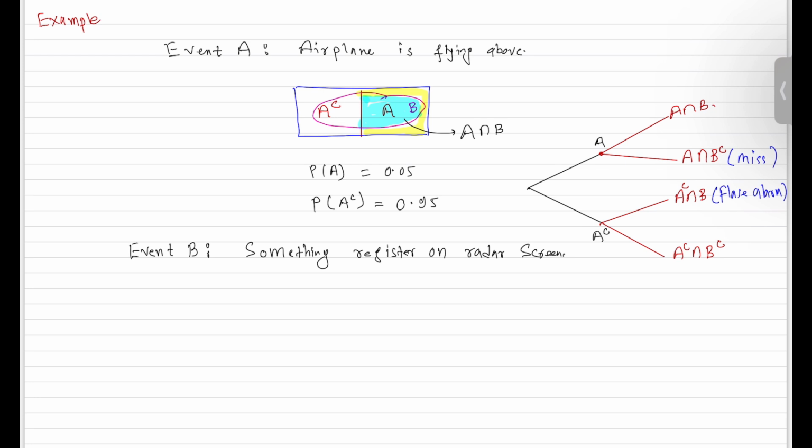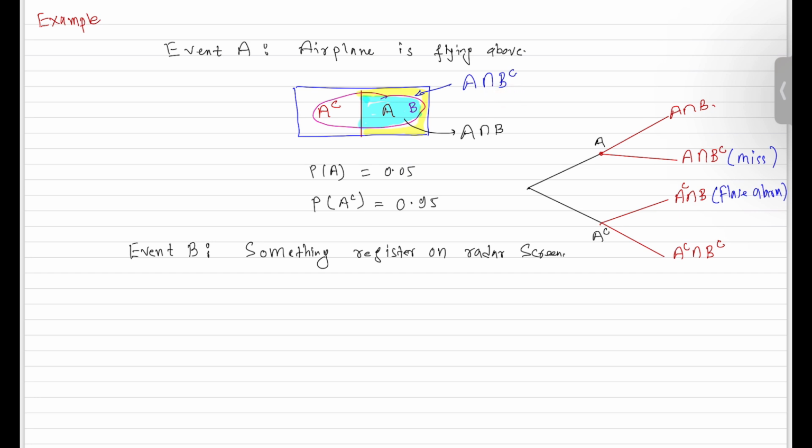So this yellow part is there is an airplane in the sky and the radar system has not detected it, right? Because this yellow part is outside the B. So if it is outside the B, then it is B complement.